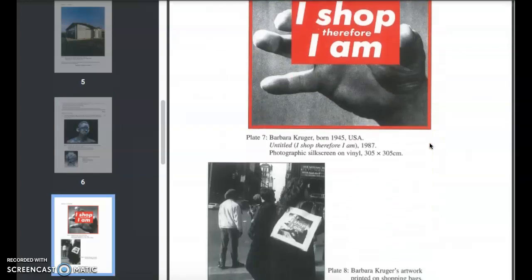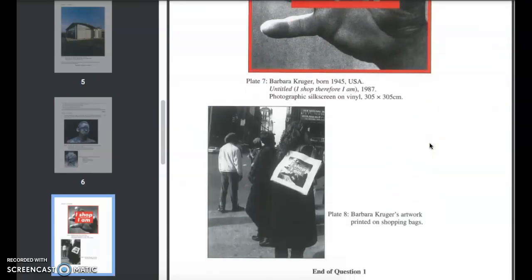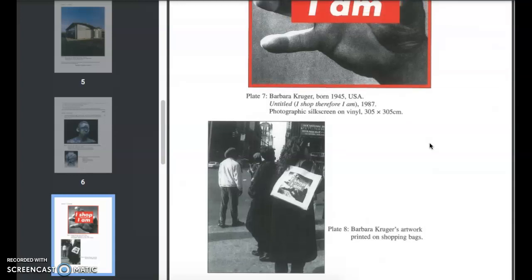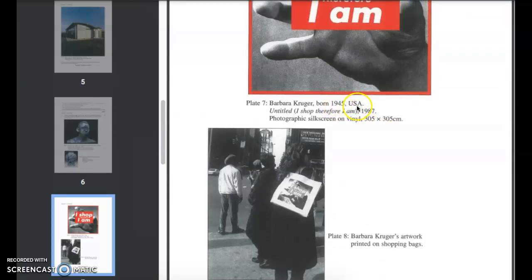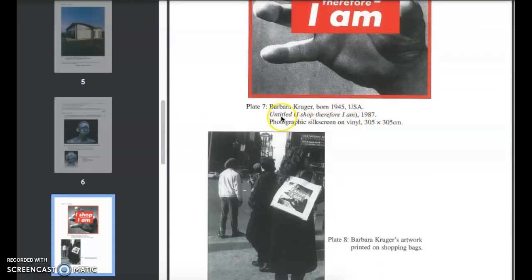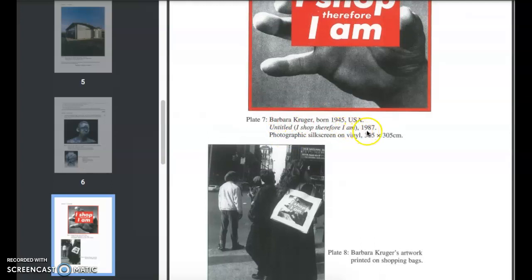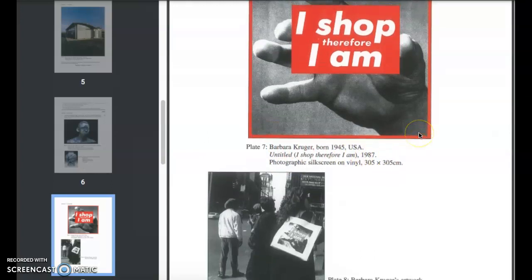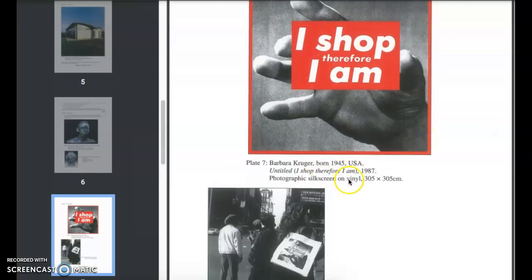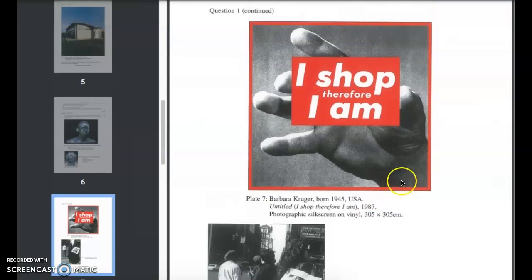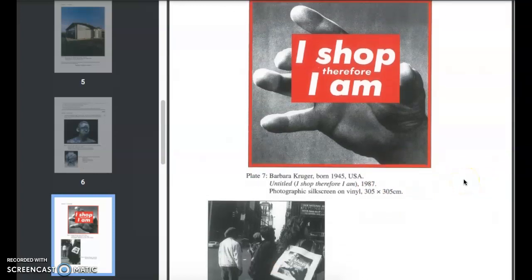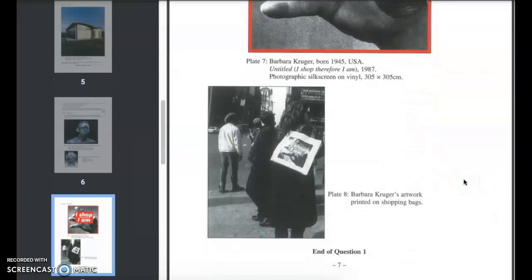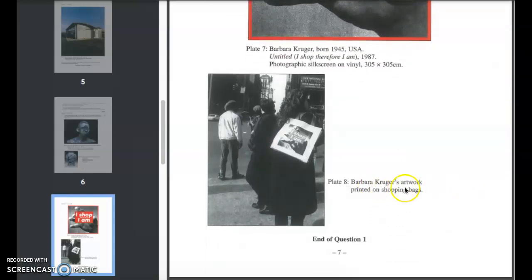Okay, last one. Barbara Kruger, born in 1945 in USA. It's called Untitled, I Shop Therefore I Am, made in 1987. Photographic silk screen on vinyl, and it is 305 by 305 centimeters, so huge. It's like 3 meters by 3 meters. This is Barbara Kruger's artwork printed on shopping bags.